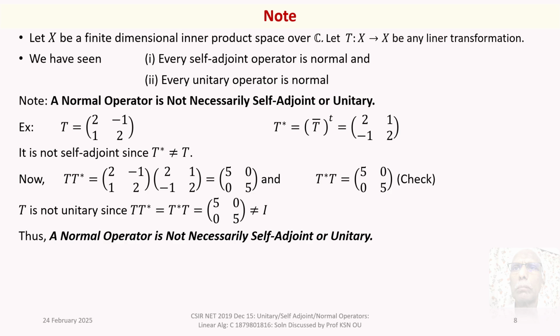The homework for you is to study the properties of self-adjoint, unitary, and normal operators. What are their eigenvalues? What are their eigenvectors, and what are the properties of the eigenvectors? Is diagonalizability possible? Study such things, and make notes of them. That will be helpful for you.